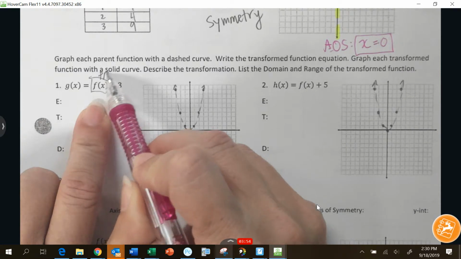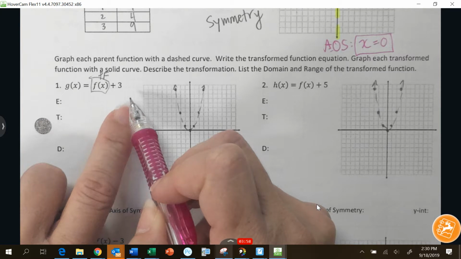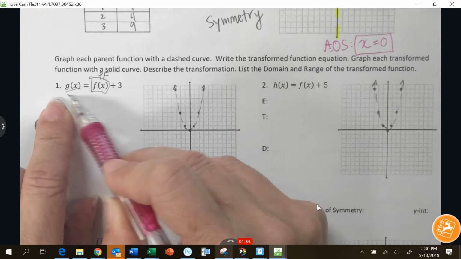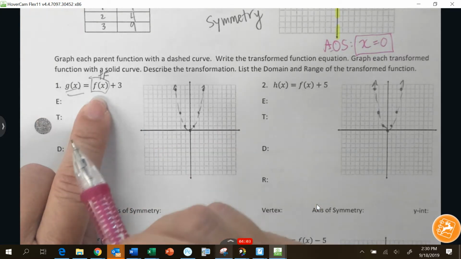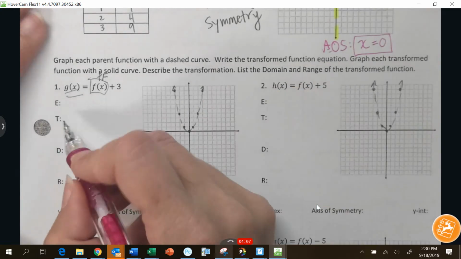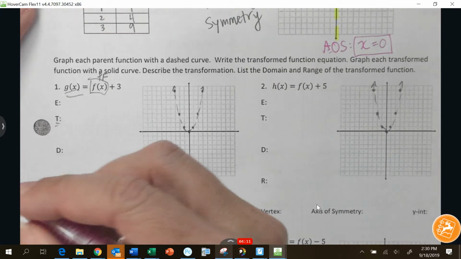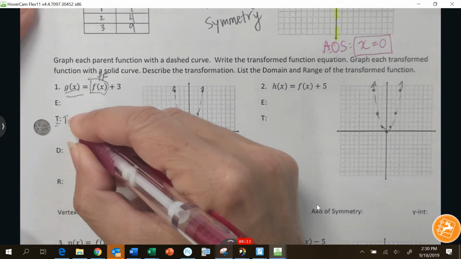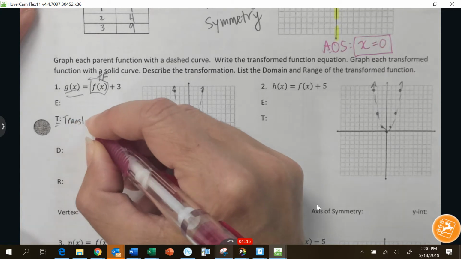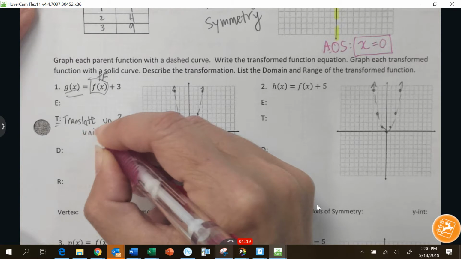And you say, f of x plus 3. What is that telling me to do to the parent function to get my new function? What is that plus 3 telling me to do? It means to go up 3. So the T stands for transformation. Sorry. So I'm going to say translate up 3 units.